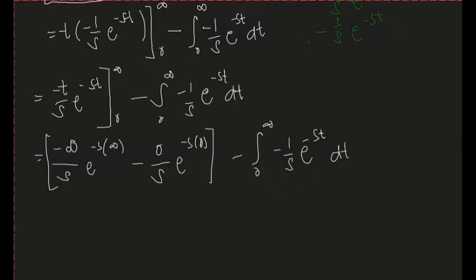Okay, so let's simplify our equation. So e raised to negative s multiplied by infinity, so this will be e raised to infinity directly. Whenever you raise to the power of infinity any value, this will automatically be equal to 0, because the exponent is a very large value. So this is equal to 0.